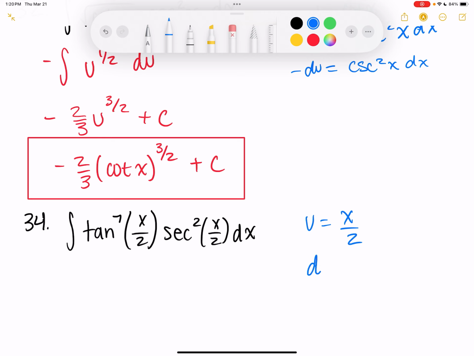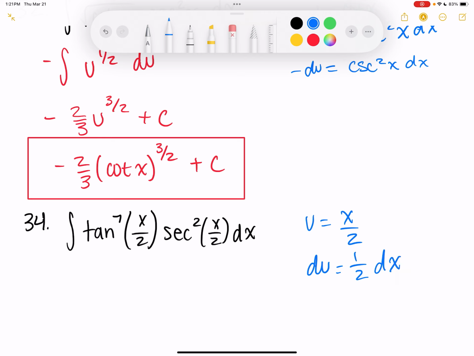And the derivative is... wait, that's not where it's going. So x over 2 is 1/2 x, so du is 1/2 dx.